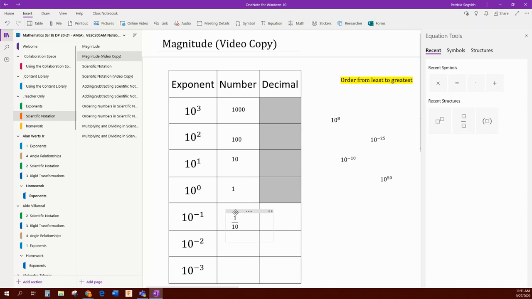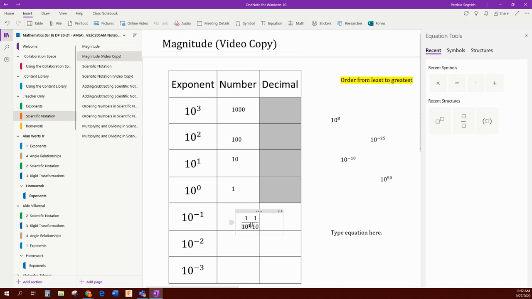If you want to know more about that, over here I want to insert an equation. This would be 1 over, and down here I'm going to put an exponent, 10 to the first.